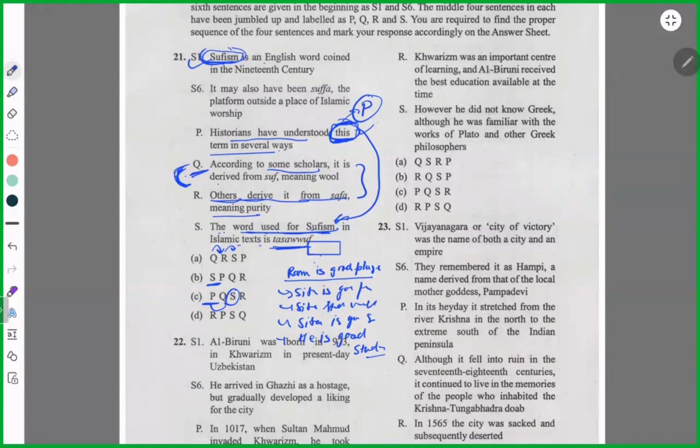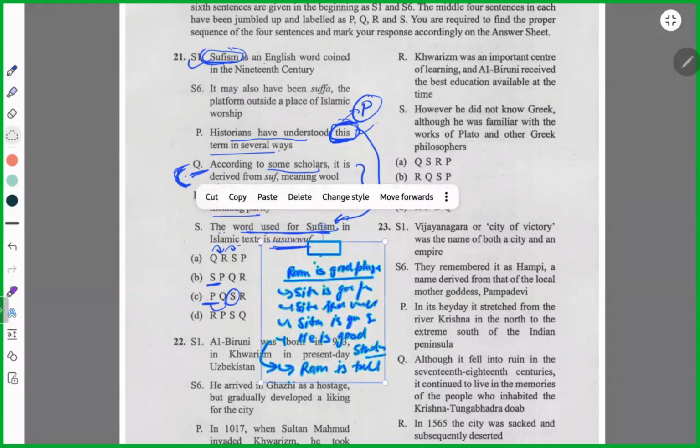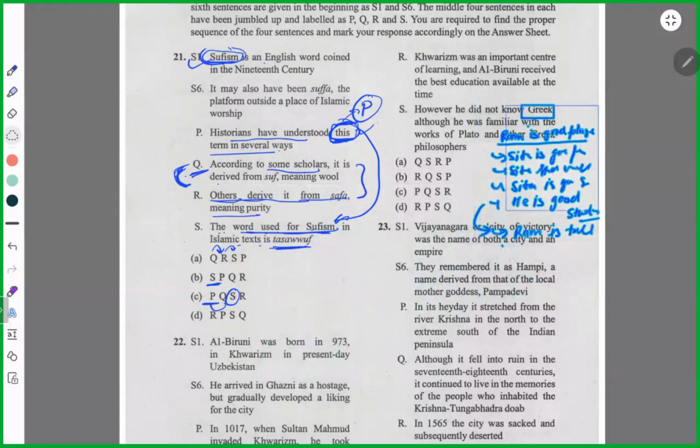Sita, talking about Sita, then he is a good student. Then ultimately you again wrote Ram is tall. Would you define the noun again after defining the pronoun? Is it the right way? Yes or no? No, sir. Definitely. So that's why answer C will not be suitable.